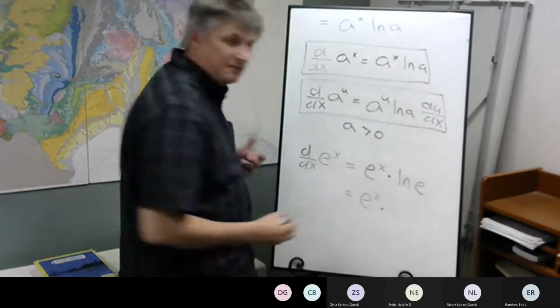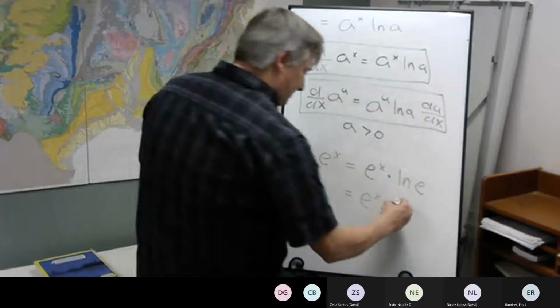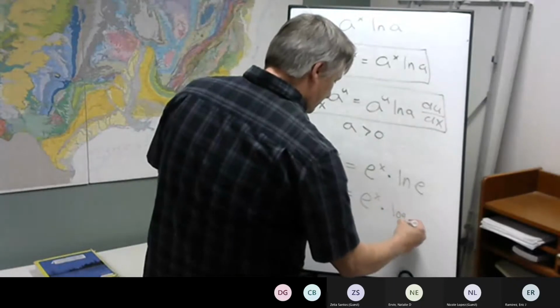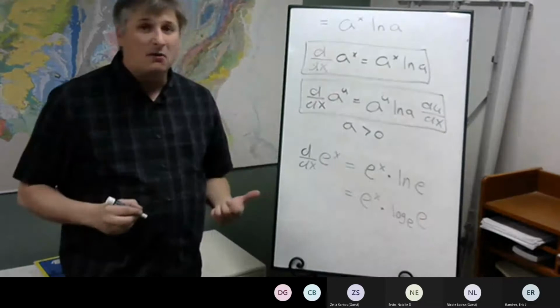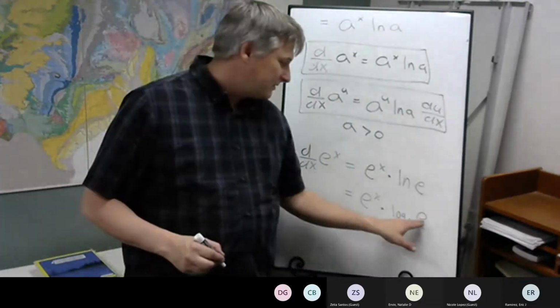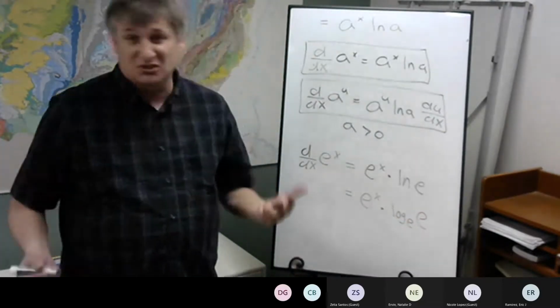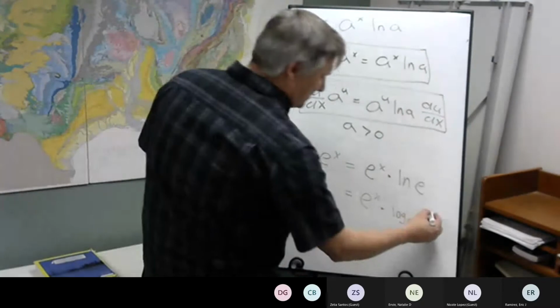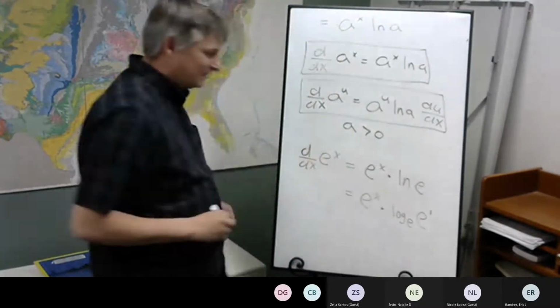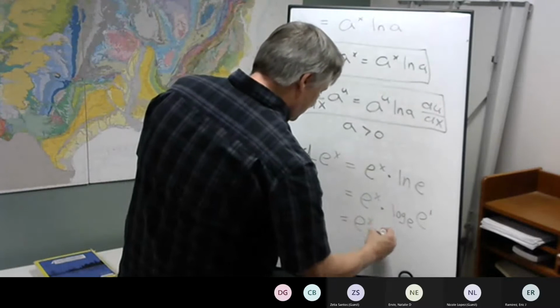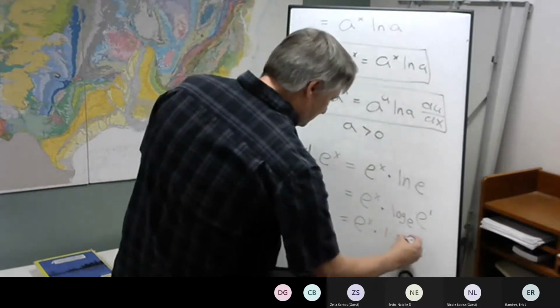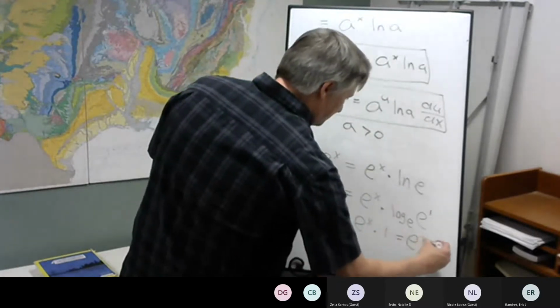And then the natural log of e, well, again, keep in mind, you have a logarithm, base e, of the number e itself. So you have a base matching a base, just going to cancel. And you can say this is a 1 up here. So that's going to leave us e to the x times that 1, or e to the x.